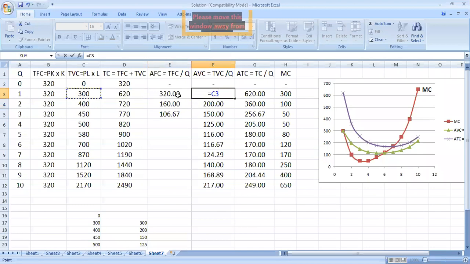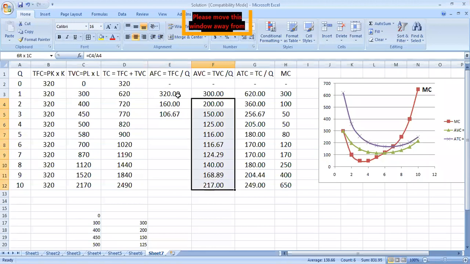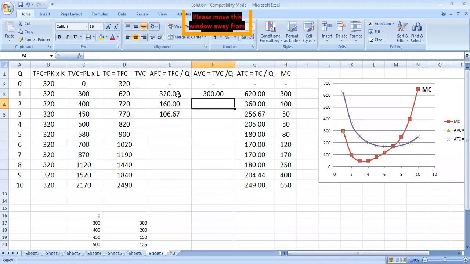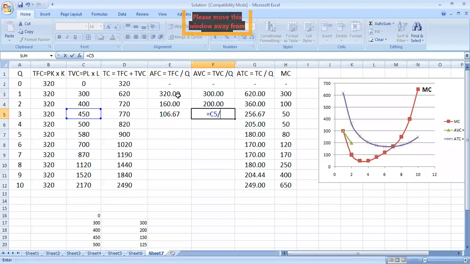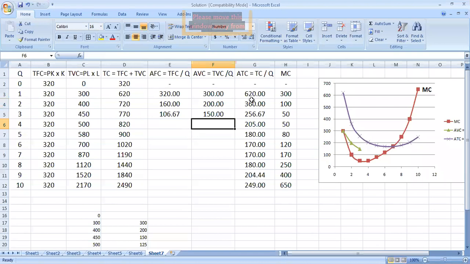Similarly, when you divide 300 by 1, the answer should be 300. When you divide 400 by 2, the answer should be 200. When you divide 450 by 3, the answer should be 150, right?